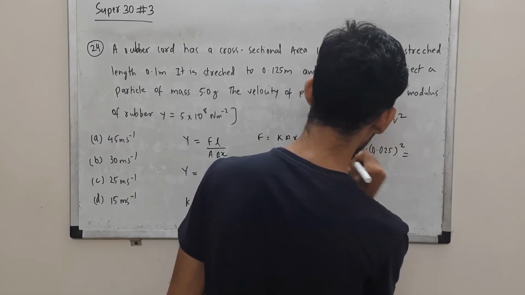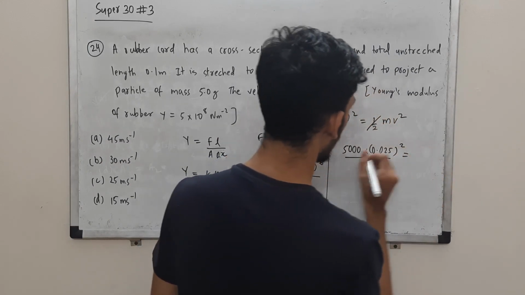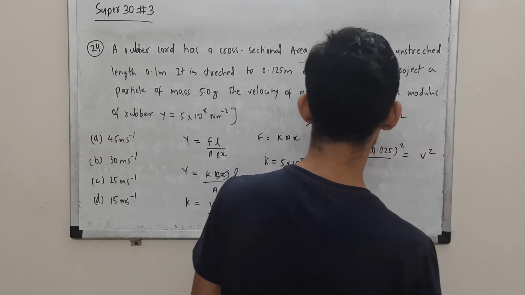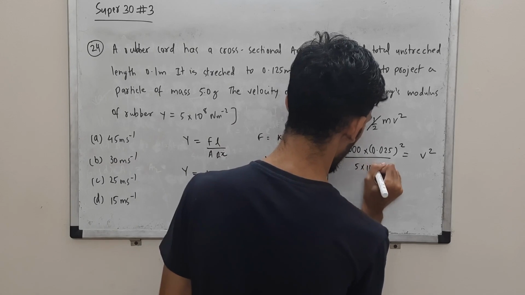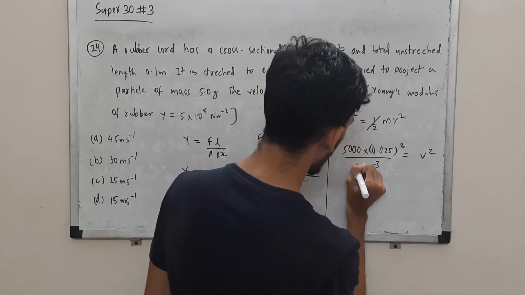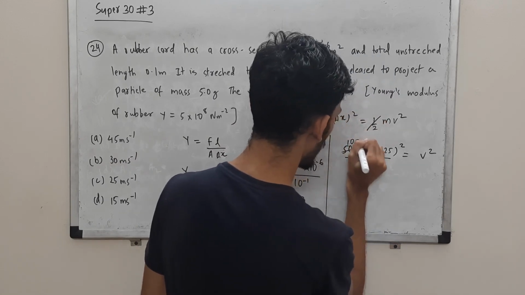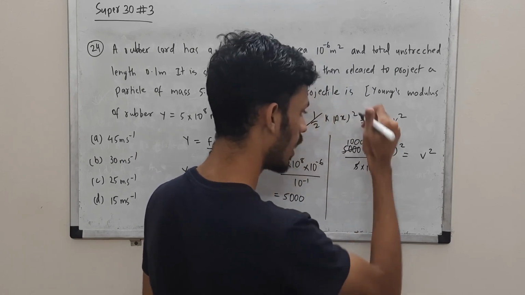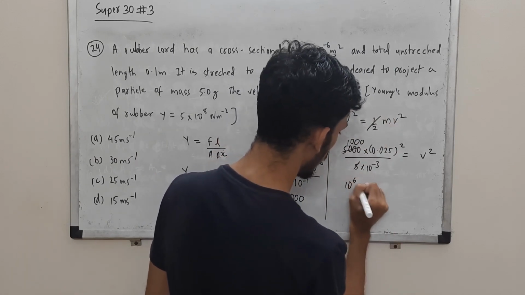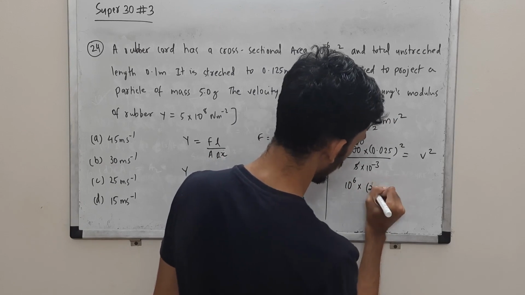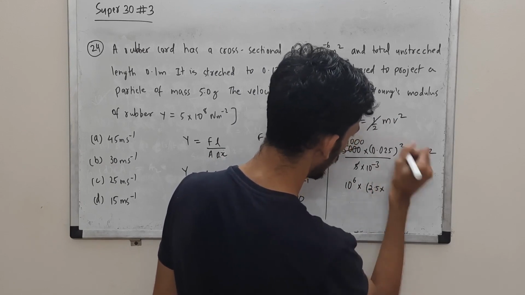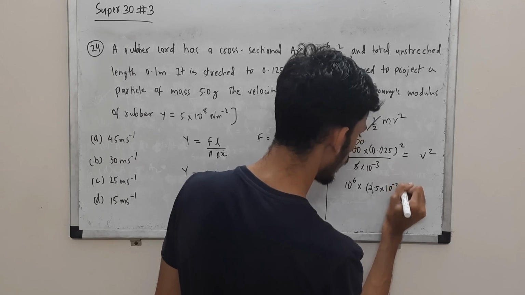And here we have m. We can take it over here since we want V. m will be 5 grams, so 5 into 10 to the power minus 3. This 5 can get cancelled. This is 1000, which is 10 to the power 3, and this also goes on top, 10 to the power 6. And I can write this in orders of 10: 2.5 into 10 to the power minus 2, squared.